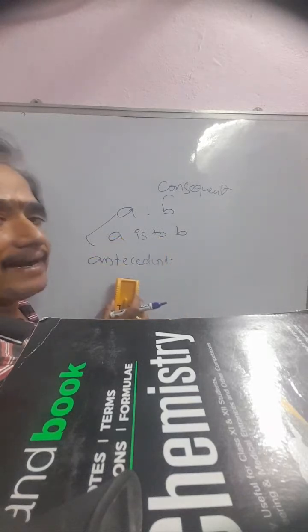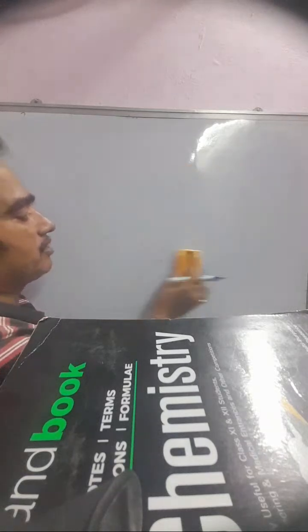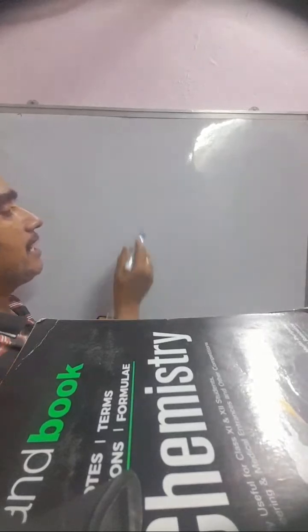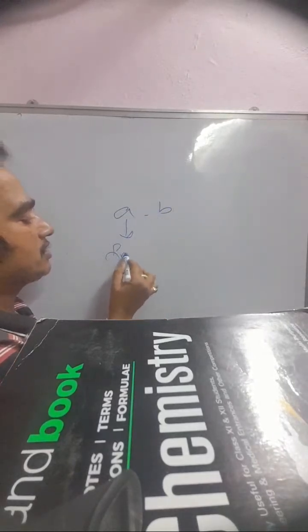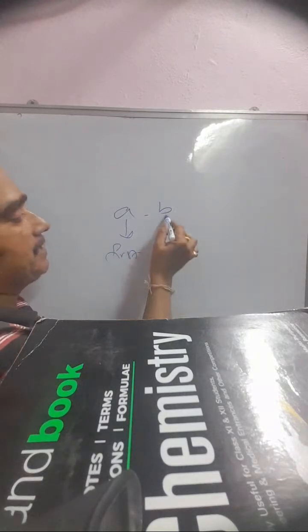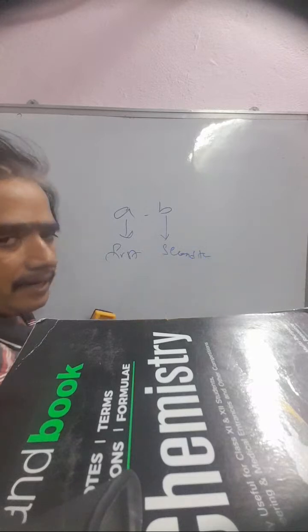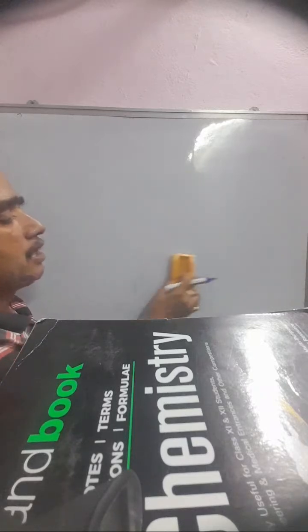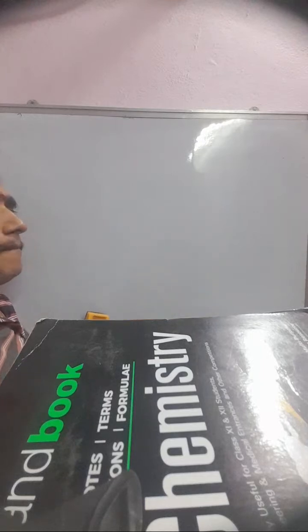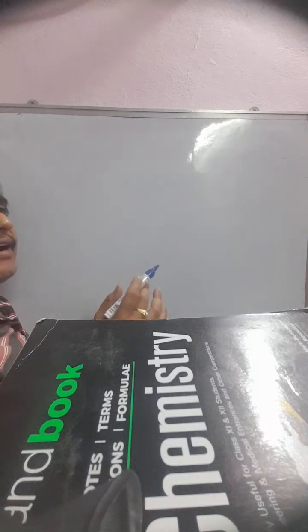So A is antecedent and B is consequent. And one more thing, in A is to B, A is the first term and B is the second term.